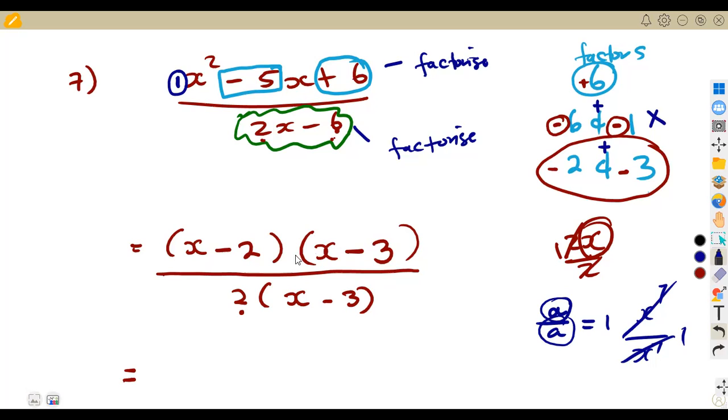Whether they are brackets, so this bracket can be cancelled against this bracket and obtain a 1. So that's 1 times x, which is x, 1 times minus 2, which is minus 2, and everything over 2, just like that. So this is how you play around with your simplification.